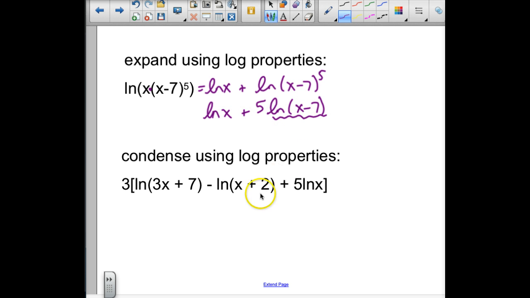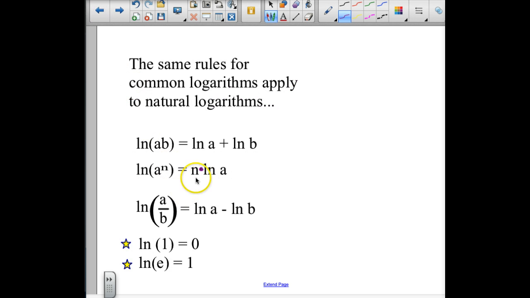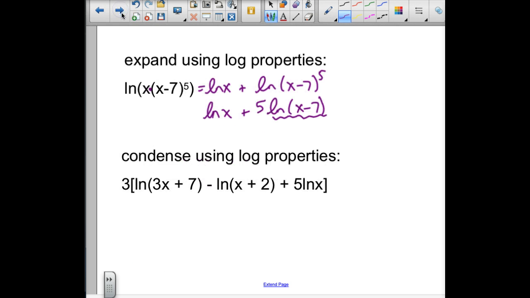And we can do the opposite. We can condense using log properties. So going back to these log properties, if I have this, I'm going to condense it by going to that. Or if I have this, I can condense it by writing it like that. So expanding is using the property from left to right. Condensing is using it from right to left. So first thing we notice is this 3 is times everything.